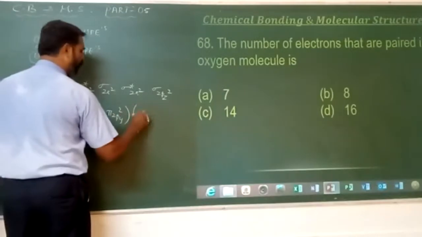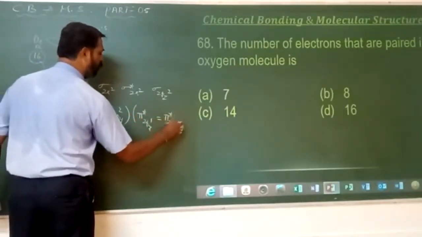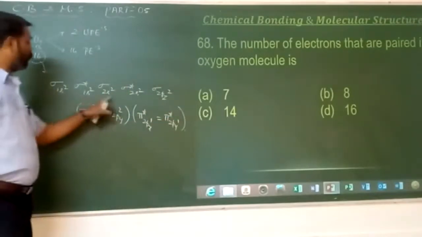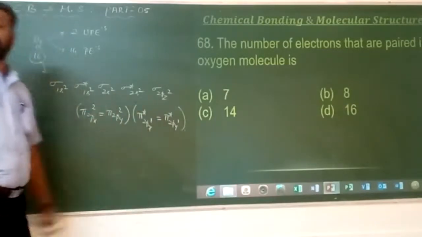Then pi star 2px1 equal to pi star 2py1. 2, 10, 10 plus 2, 12, 14, 15 and then 16.